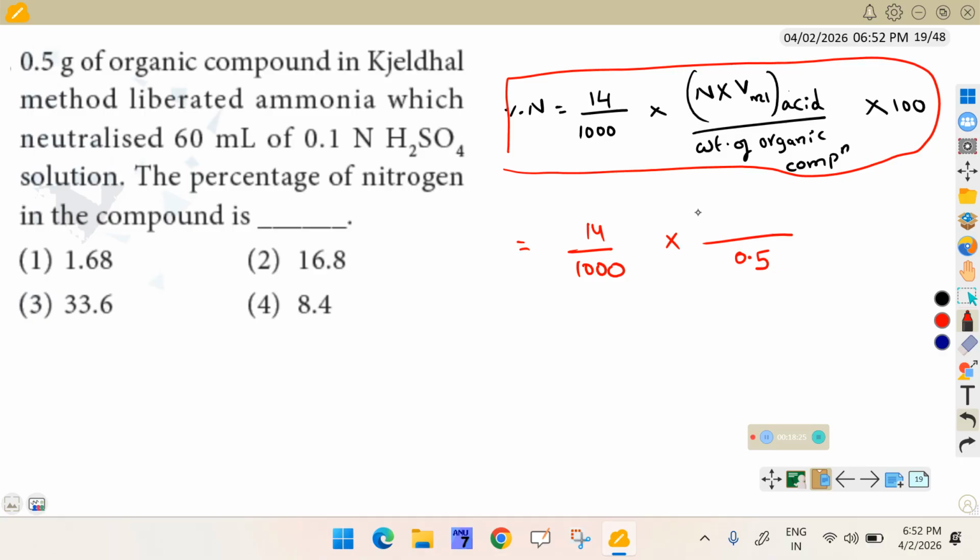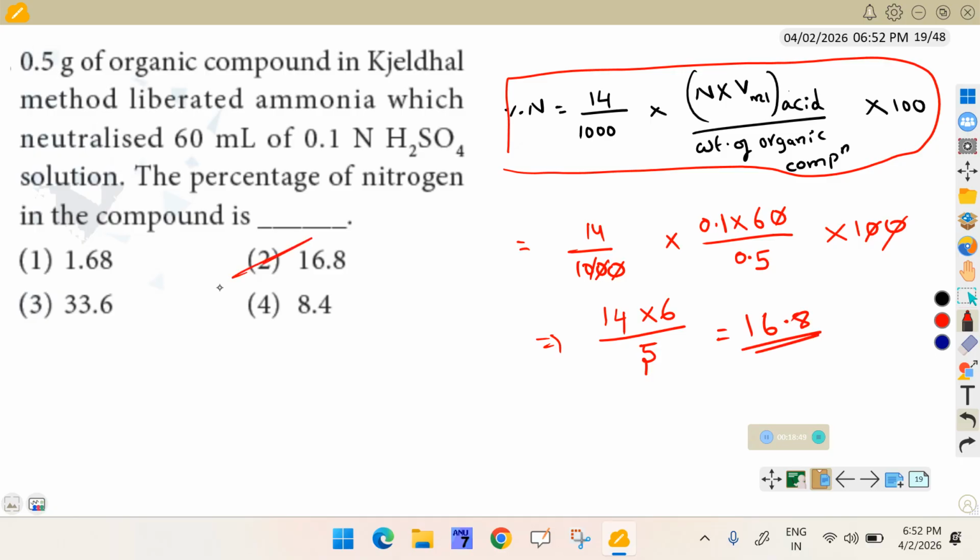Normality of acid is given as 0.1 and volume is given as 60, into 100. Now simplify, zeros cancel. Now 14 into 6 by 5. Simplify, you will get 16.8%.